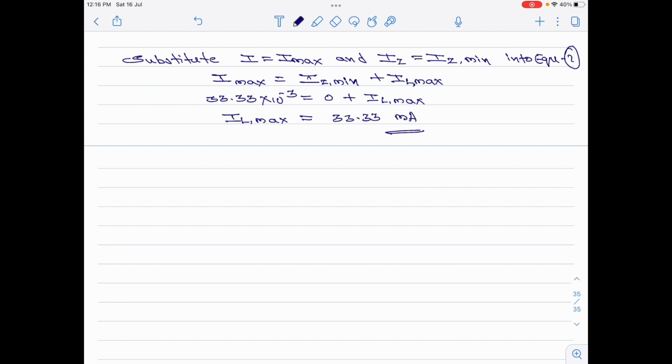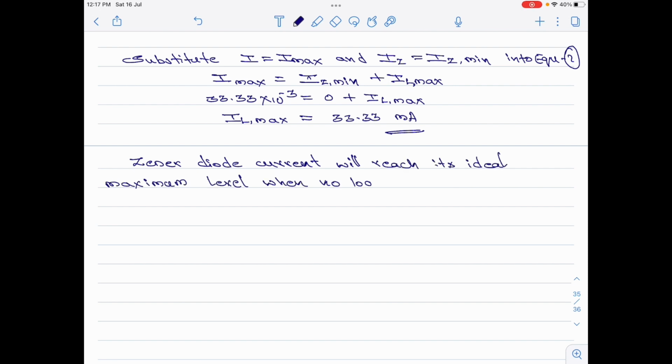That is, IL minimum is equal to 0. Please note, this means that the value of the load current minimum would be 0 amperes. So, let us now substitute these values into equation 2 and find the value of IZ maximum.